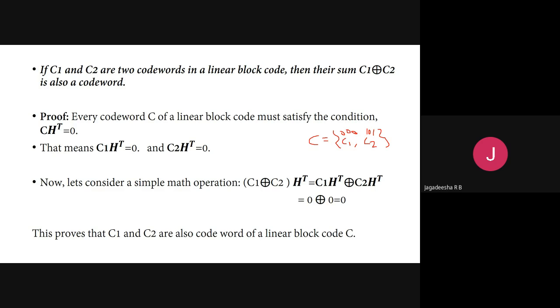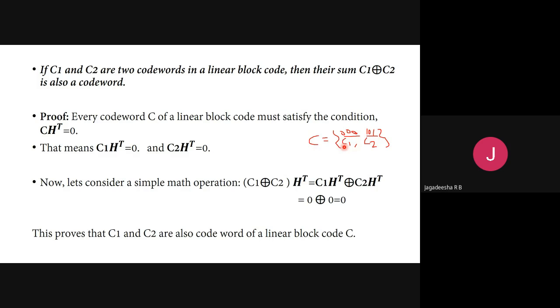C1 has a bit pattern, as mentioned here, 000. C2 has another bit pattern, 101. To prove that C is a linear code, when you add up C1 and C2, the new sequence we get should be either C1 or C2. Addition of C1 and C2 should give us either this or this. Then C is linear.